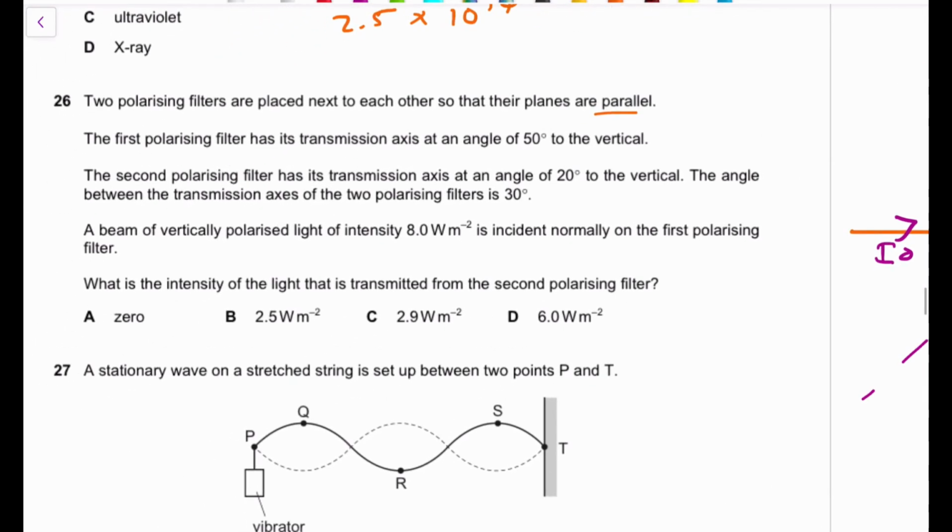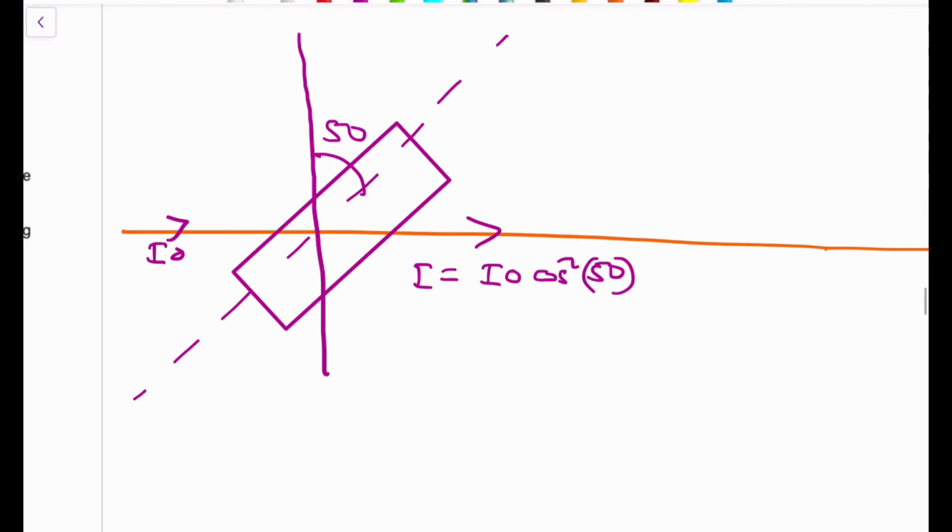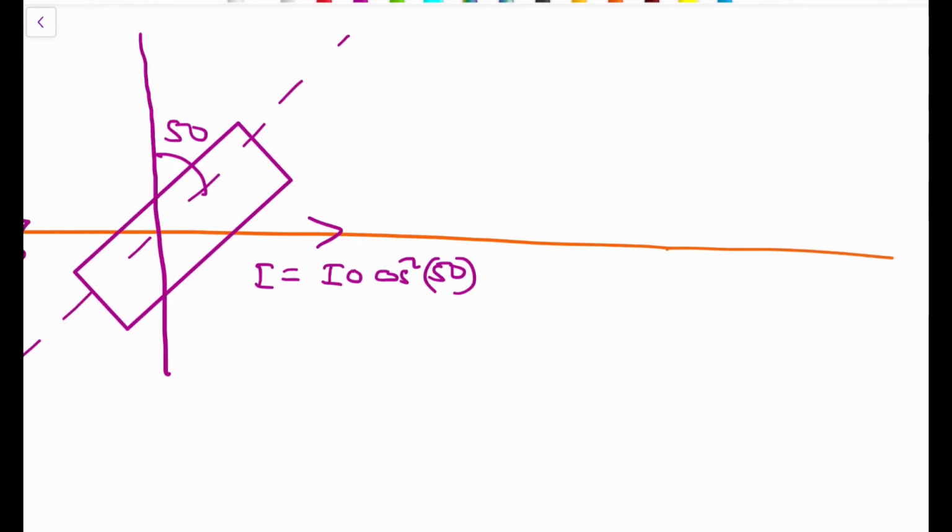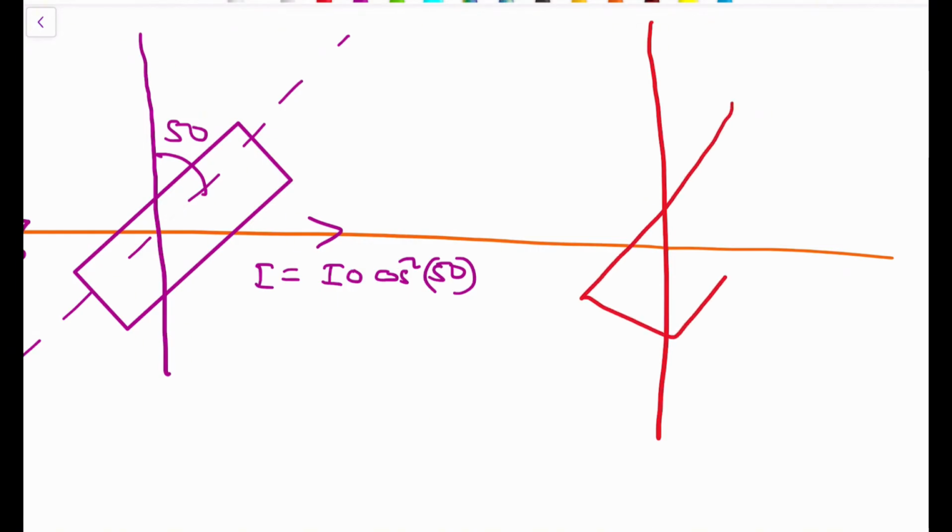Okay, let's extend this. And we've been told that the second polarizing filter has a transmission axis at an angle of 20 degrees to the vertical, right? So we're going to draw the second one. The transmission axis is going to be something like that.